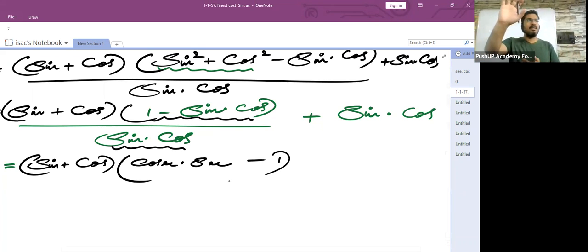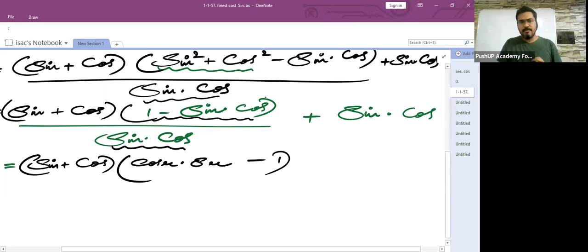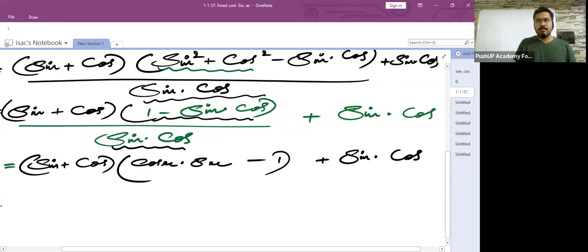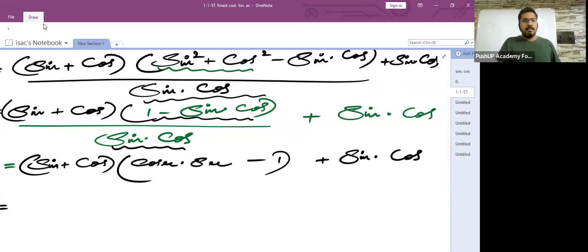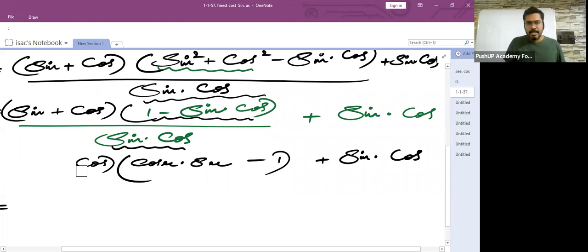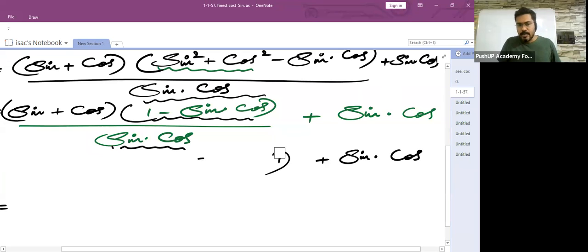Am I clear with that? I very clearly told you that I'm dividing the terms in the expression 1 minus sine cos with sine cos. Okay, so this is what I'm getting. Put the plus sign and then sine into cos. Okay, is it clear? Those who couldn't understand this, I will do it once again.